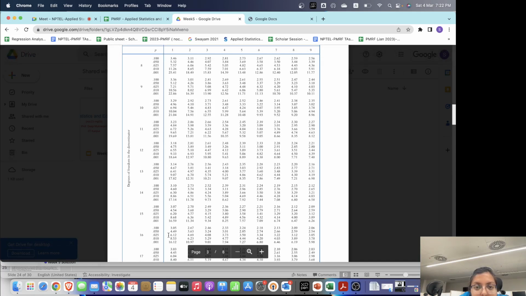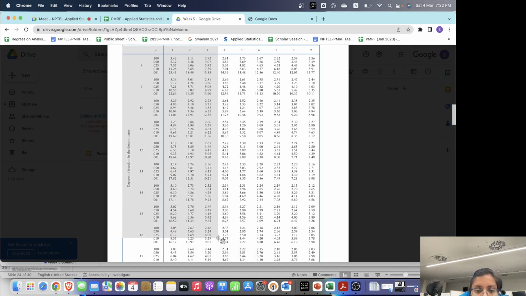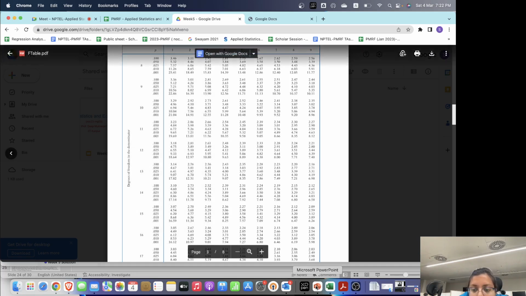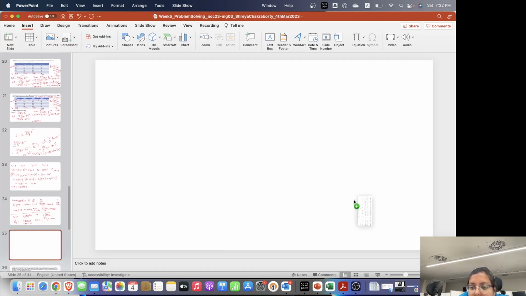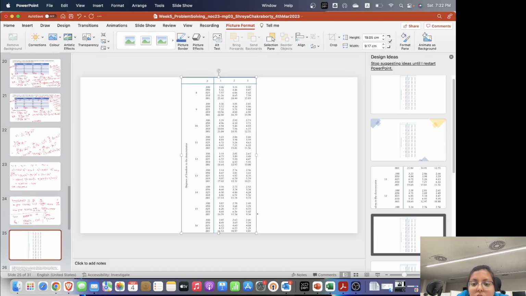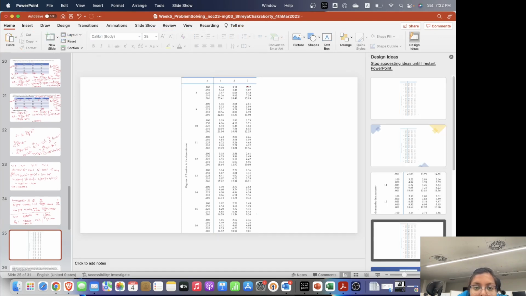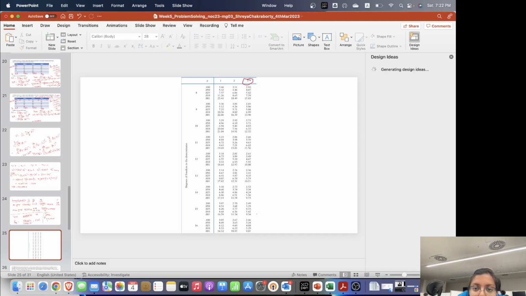Okay, so F(3,16). F is this one, 3 is this one, 16 is this one.